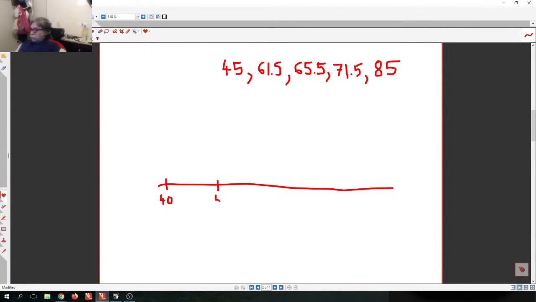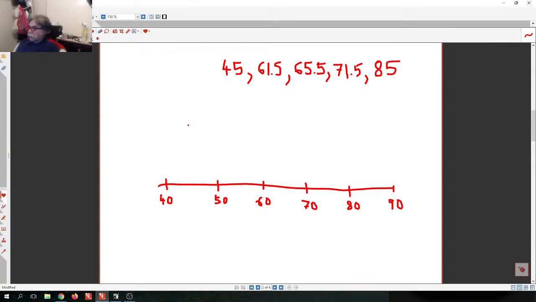I need to have 50 then, continuing with 60, 70. This is not a box plot, this is just a scale. 80, and 90. And that's going to be good enough. Okay, so now I want to create a box plot.